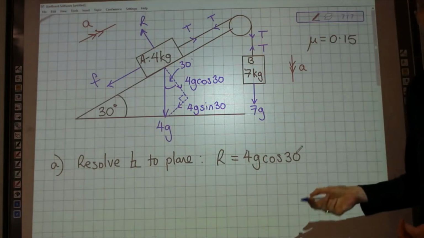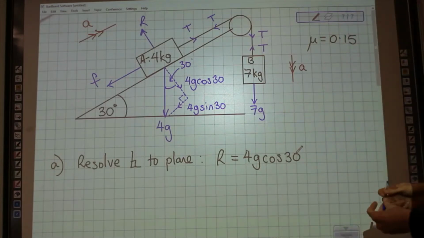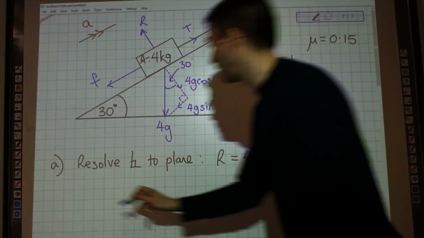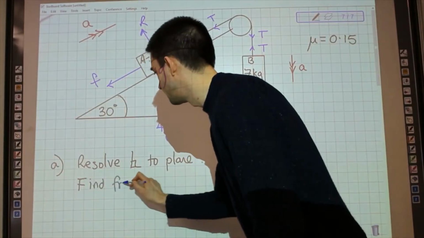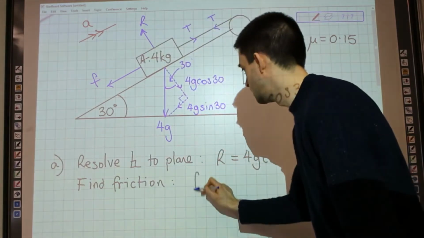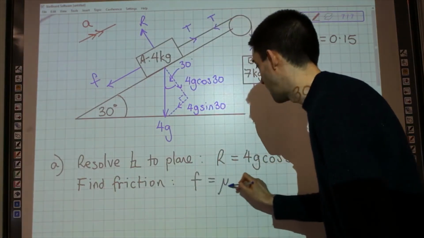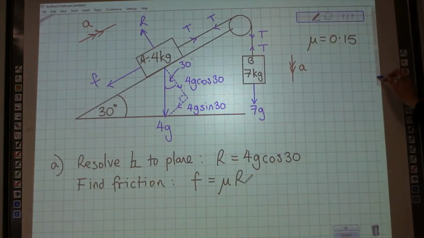Now, the purpose of finding that is to work out a value for friction. So having resolved perpendicular to the plane, we're going to find a value for friction. And to do that, we're going to use the fact that friction, or the maximum friction, is mu times the normal reaction force.